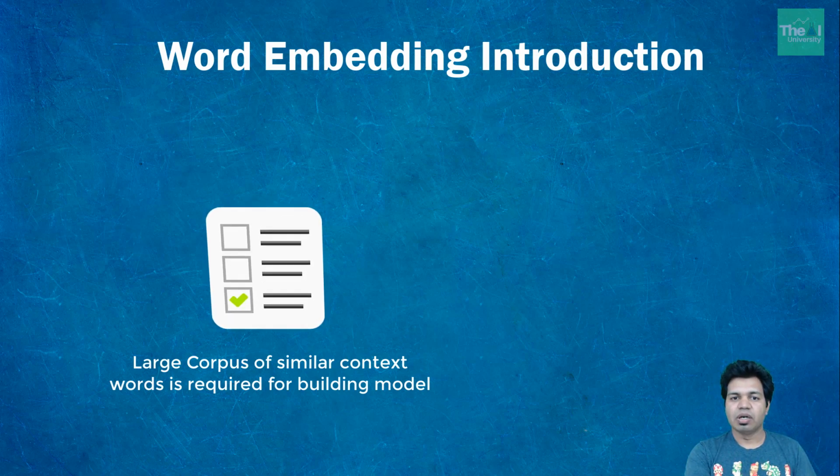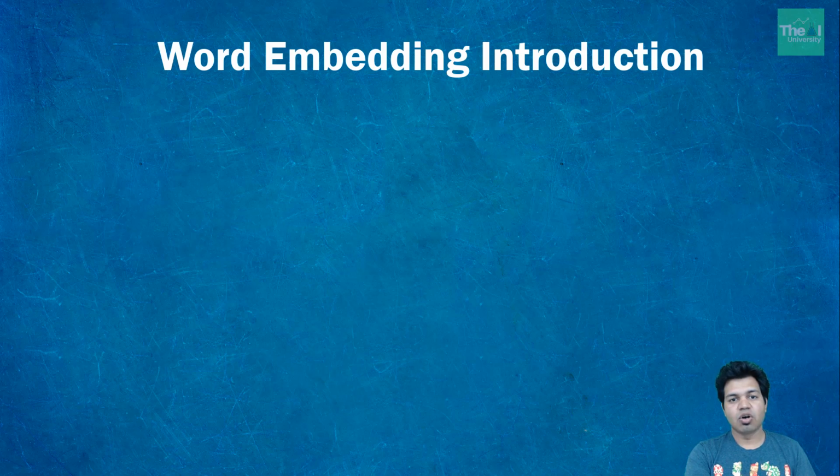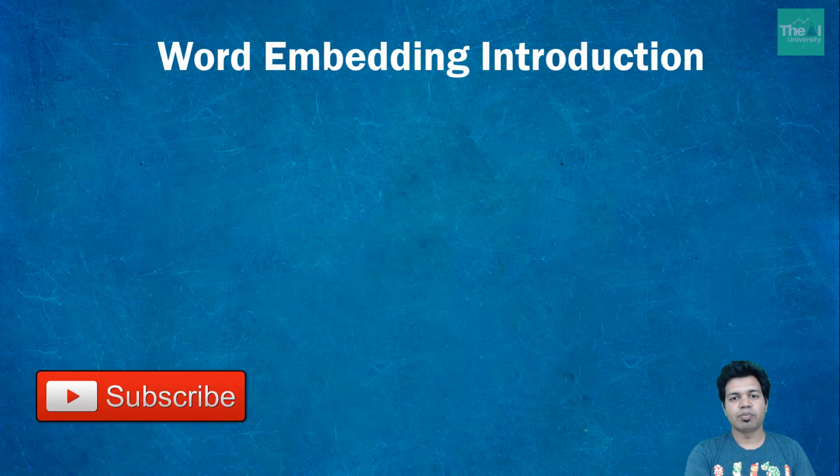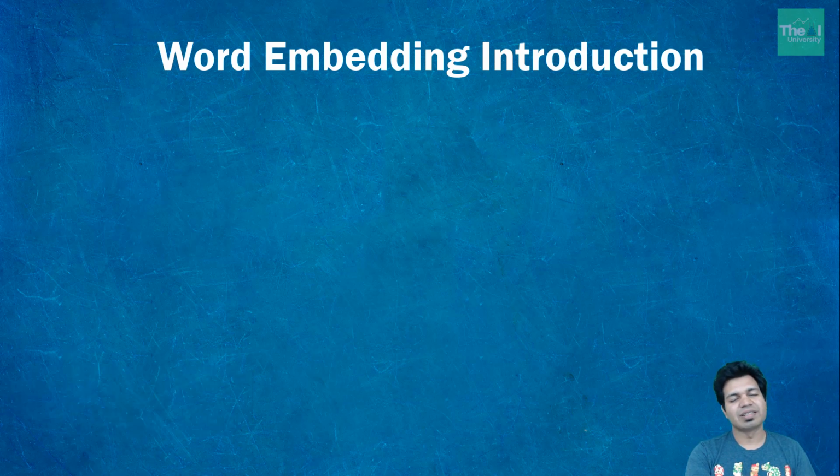The word pizza we feed in is called the input word, and the resulting numerical representation of pizza is called the word embedding or word encoding.